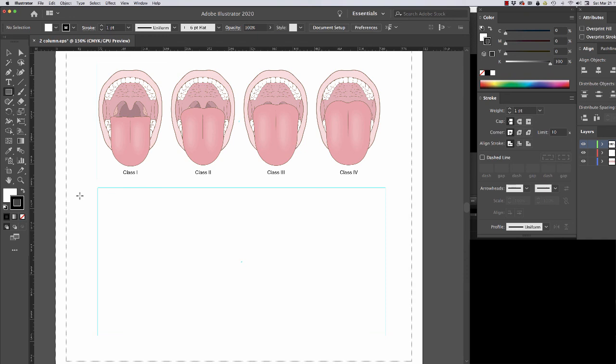That's not an actual object in my illustration, so that will not appear in print. It will not appear if I export this image as a JPEG or something like that. It's just there as a guide to help me make sure that my artwork fits within the required size, in this case, to fit within a 40 pica 2-column width.